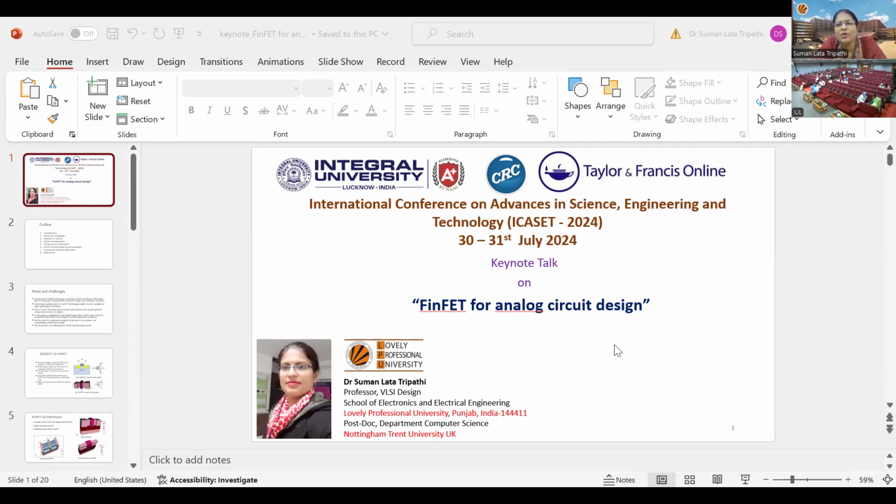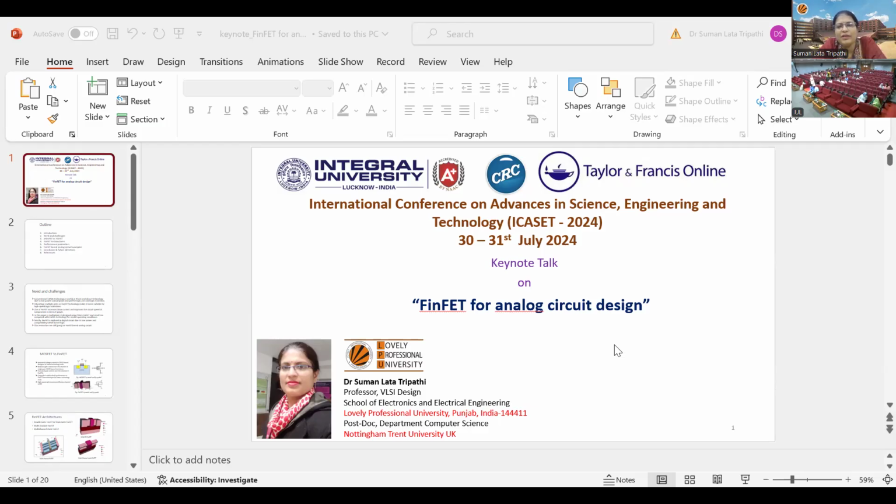But below the 45 nm technology node, conventional CMOS does not provide efficient power performance. So now some products, like mobile communication devices by different companies such as TSMC and Samsung, are available with FinFET technology only.